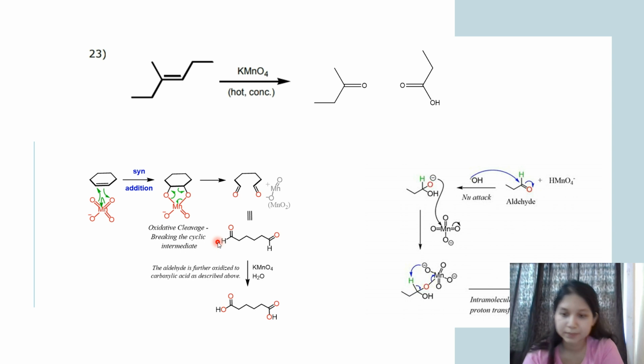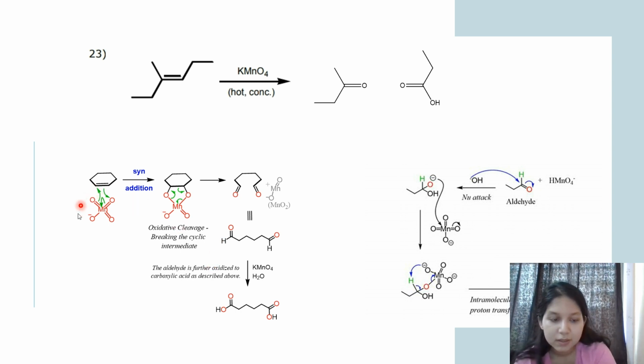What will happen? If you study the reactions of alkenes, you will see that potassium permanganate reacts with an alkene in different ways depending on the medium present, okay? Whether the medium is acidic or the medium is basic, etc. So when you have a hot concentrated solution of KMnO4, what happens?